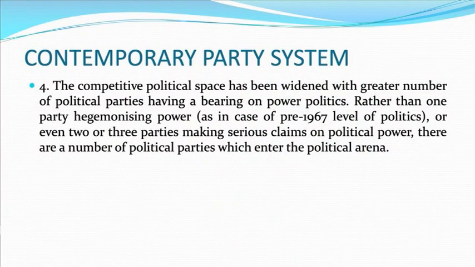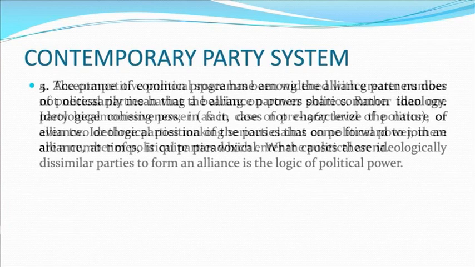The competitive political space has been widened with a greater number of political parties having a bearing on power politics. Rather than one party hegemonizing, or even two or three parties making serious claims on political power, there are a number of political parties which have entered the political arena.